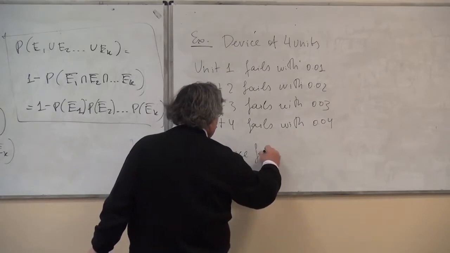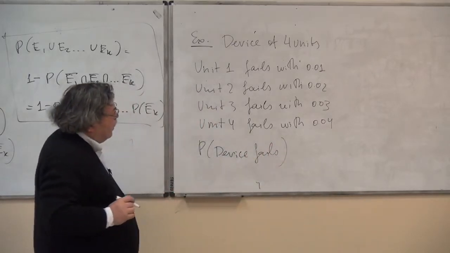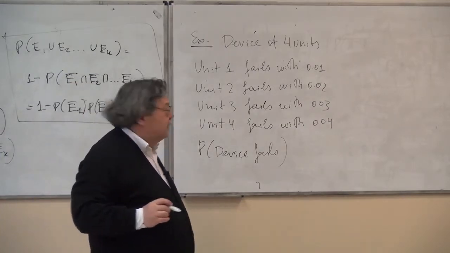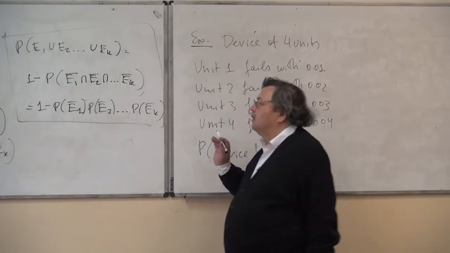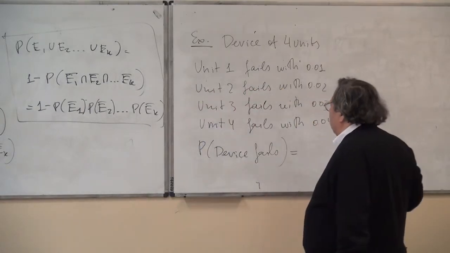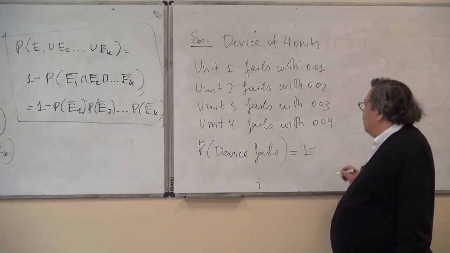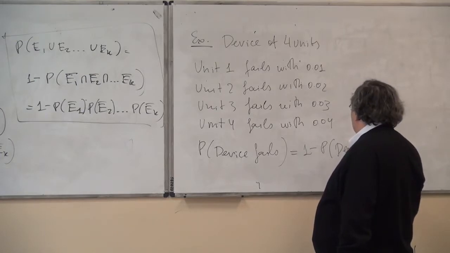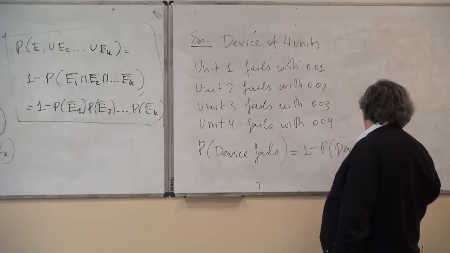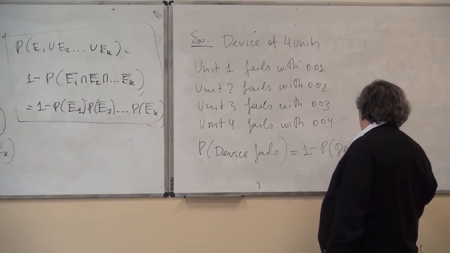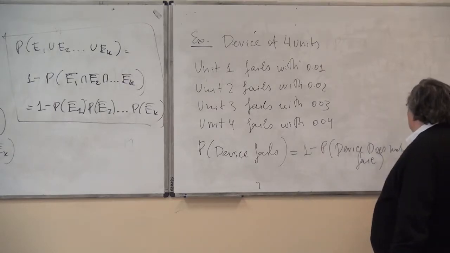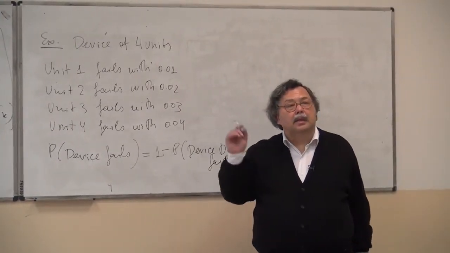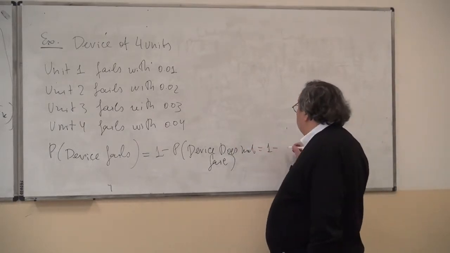Suppose the probability that the device will fail within 1 year of exploitation, I just wanted to match this formula. Then it's 1 minus the probability that the device does not fail, which is 1 minus, and then we multiply the respective probabilities that each of these units does not fail.